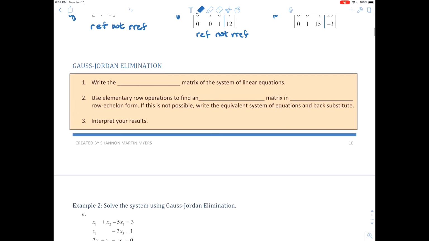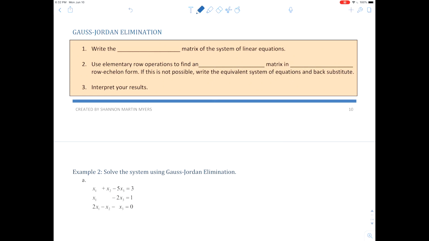All right, so Gauss-Jordan elimination really simplifies the whole thing, okay? The way to do it is you write the augmented matrix of the system of linear equations, and then you use elementary row operations to find an equivalent matrix in reduced row echelon form, the RREF.